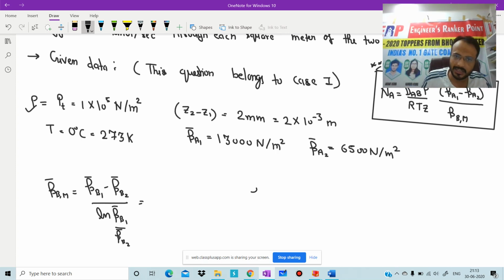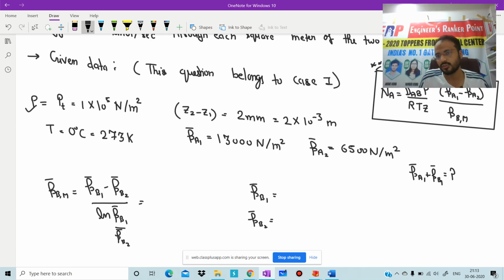Now our main target is to calculate the value of PBM bar, or PB1 bar and PB2 bar. In my previous class, I have already told you that PA1 bar plus PB1 bar should be equal to P, that should be equal to PA2 bar plus PB2 bar. The value of PB1 is equal to P minus PA1 bar, and PB2 is P minus PA2 bar.